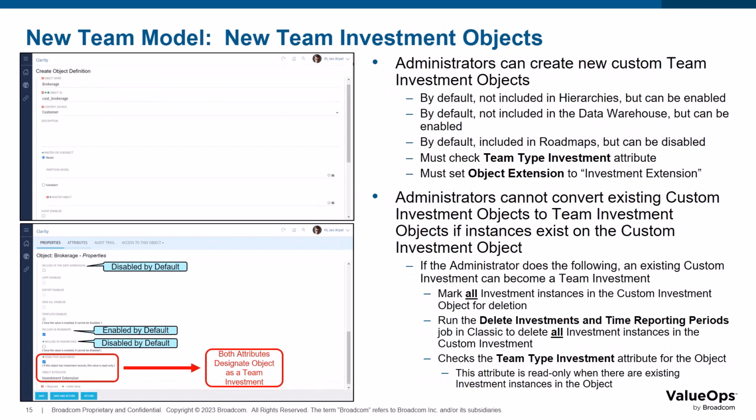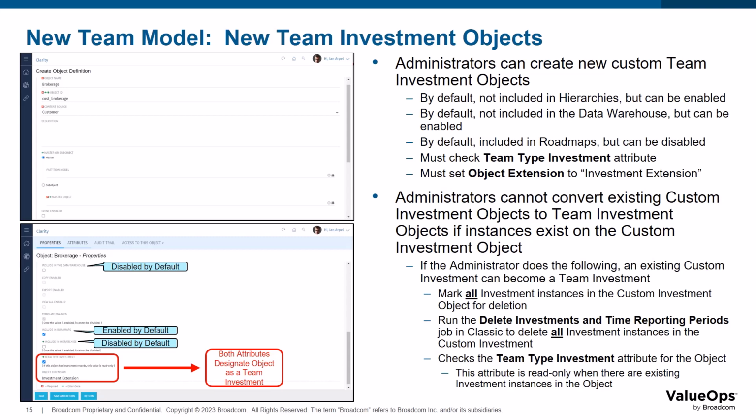Along with the new team investment object that we're creating after upgrade for all customers, they will also have the capability to create their own new team investment objects. They can do that under Classic and Administration.